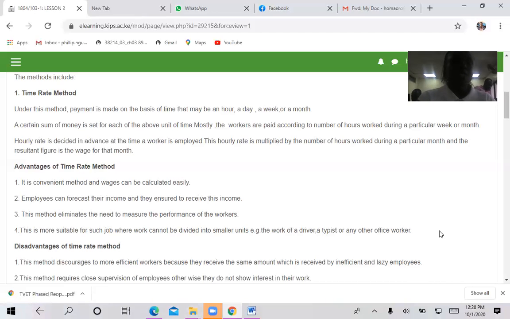Then, another advantage is that time rate method is more suitable for such jobs where work cannot be divided into smaller units, e.g. the work of a driver, typist, or any service provider.